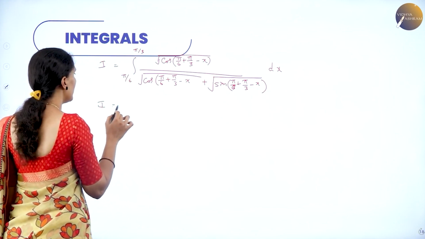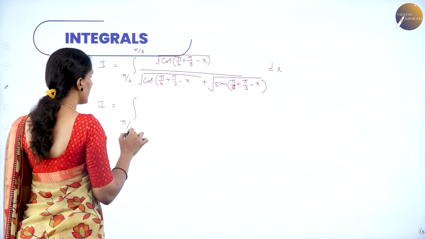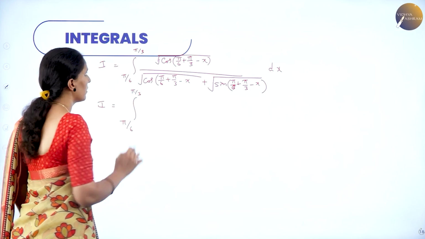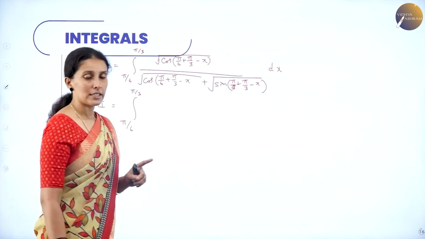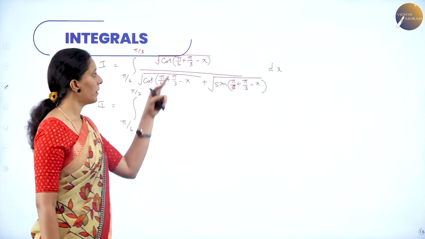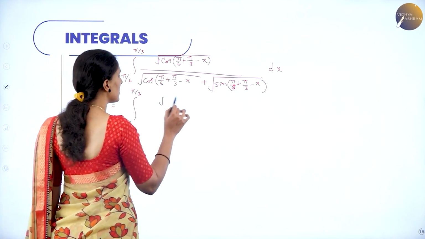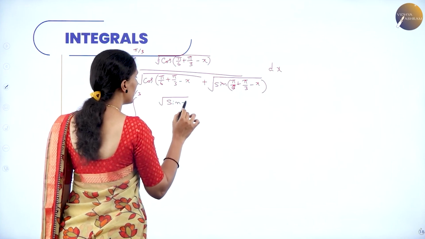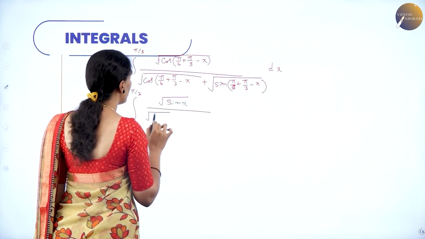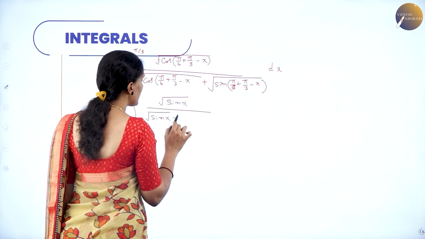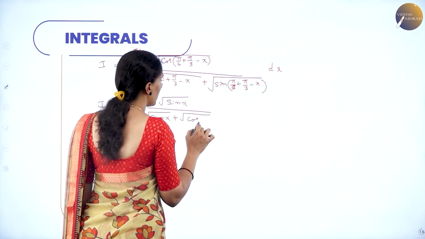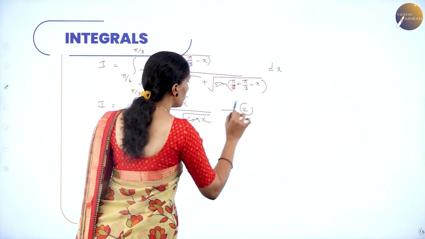Pi by 6 plus pi by 3, that is 30 plus 60, 90, so pi by 2 minus x. Cos of pi by 2 minus x is sin x, so this becomes root sin x, and similarly the denominator becomes root sin x plus root cos x. Let me take this as equation 2.